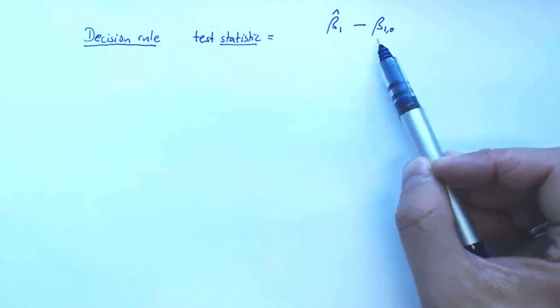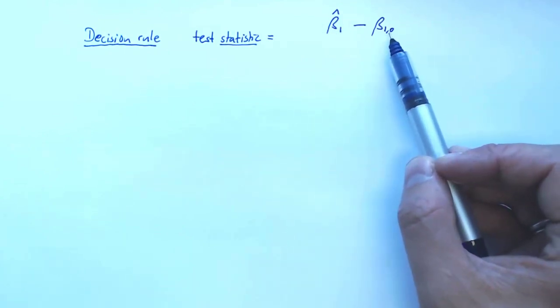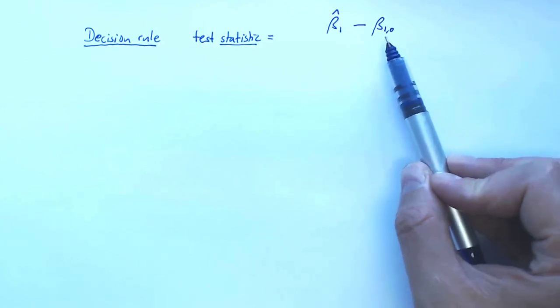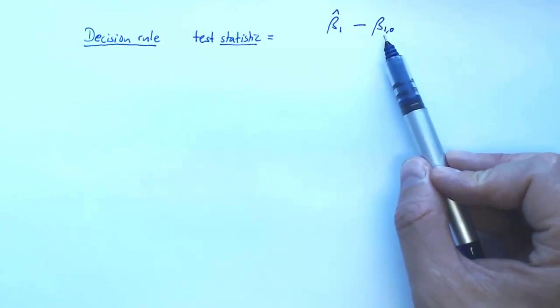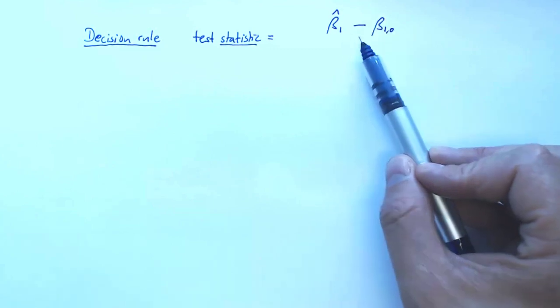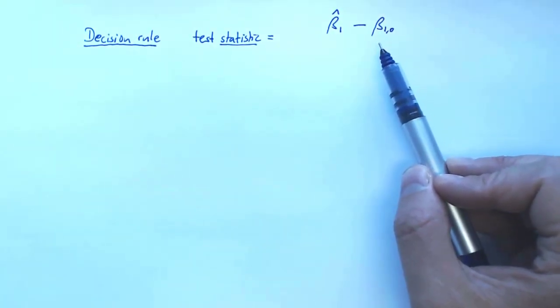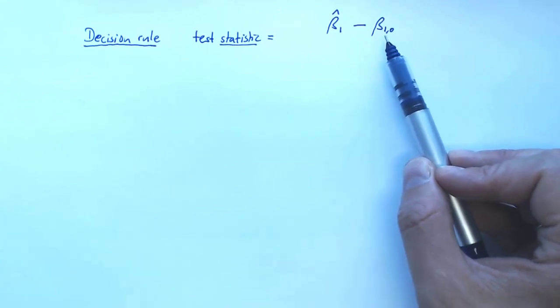Now, just using this difference turns out to be a little problematic. The reason is that later on we will have to characterize the distribution of the test statistic under the null hypothesis. And when I say the distribution under the null hypothesis, I mean the distribution assuming that the null hypothesis is true.